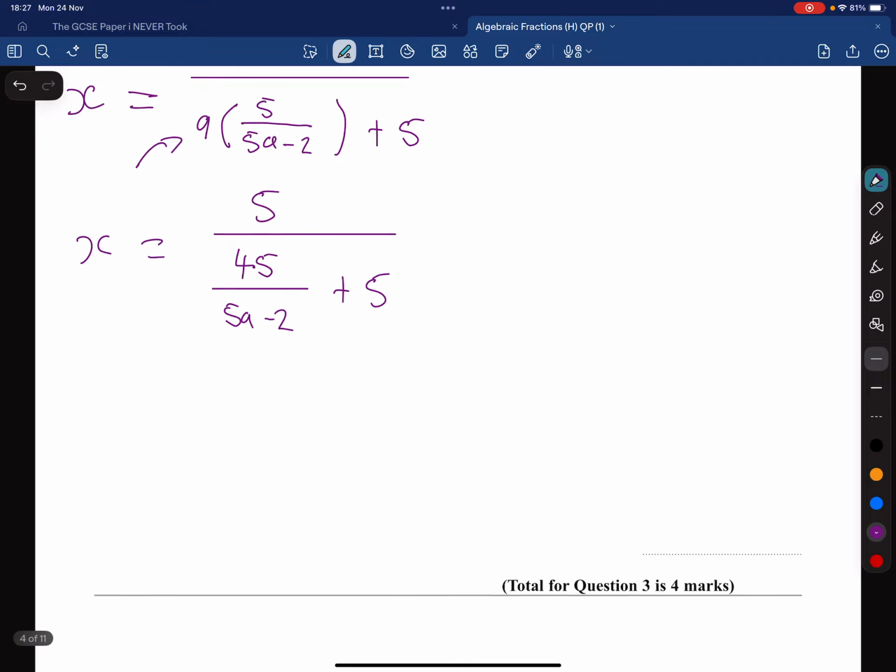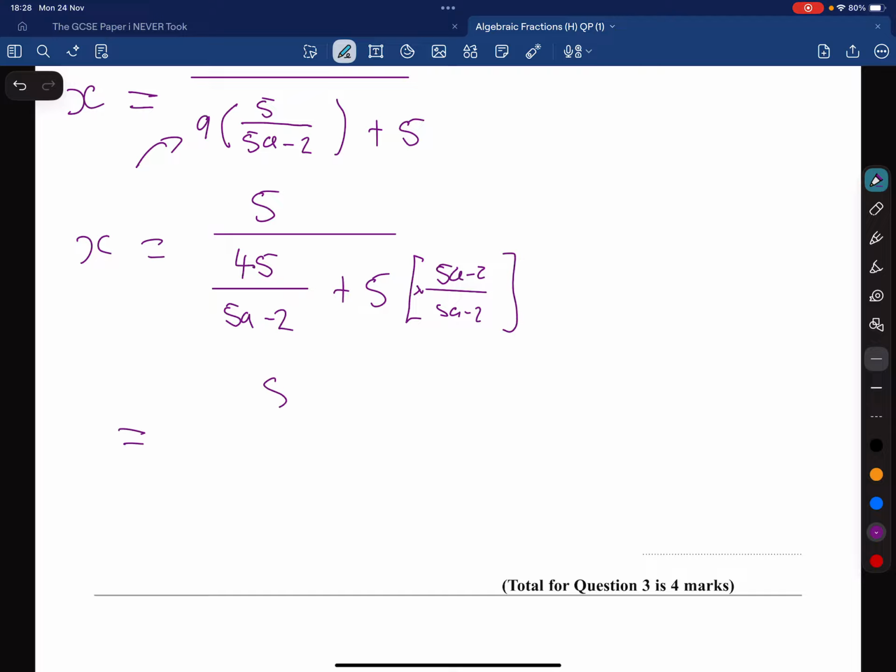Okay, the next thing I need to do is multiply the 5 by 5a minus 2 on the top and the bottom. So that would be, just if I were to show you, I would times it by 5a minus 2. Sorry for the handwriting there.